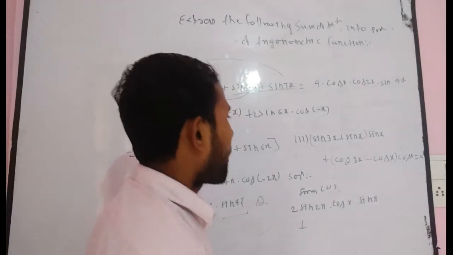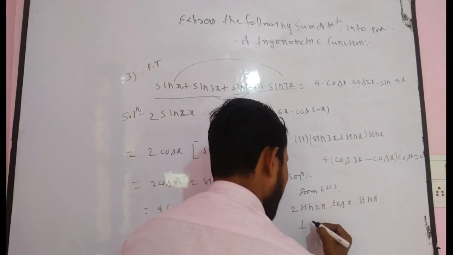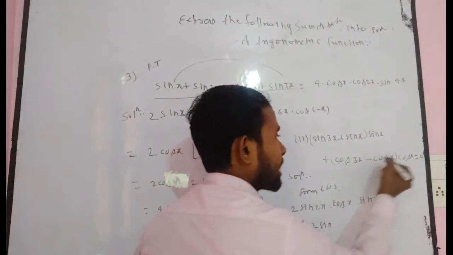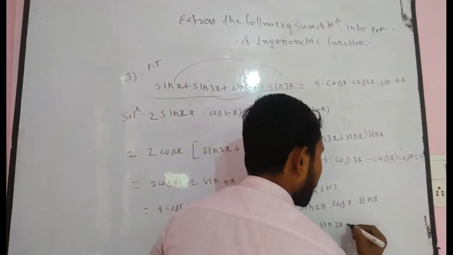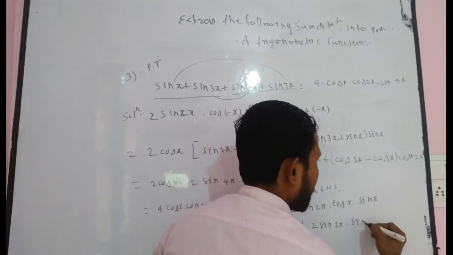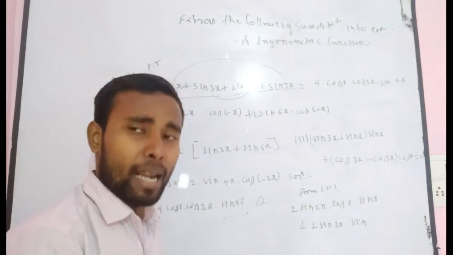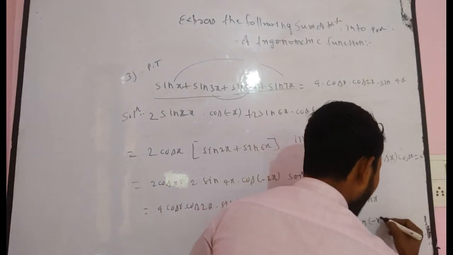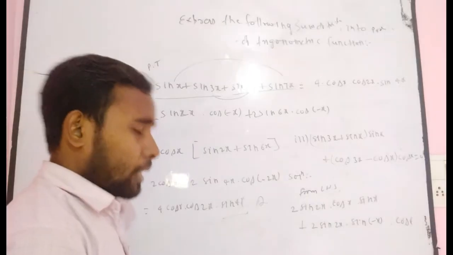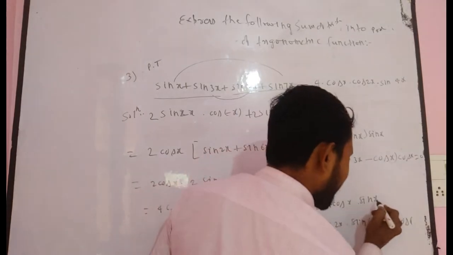What is the formula of cos c minus cos d? Cos c minus cos d is equal to 2 sin c plus d by 2, that means 3x plus x, 4x by 2, that means 2x, into sin d minus c by 2, that means x minus 3x, that means minus 2x by 2, that means minus x, into cos x. If you see here, you get 2 sin 2x cos x into sin x.